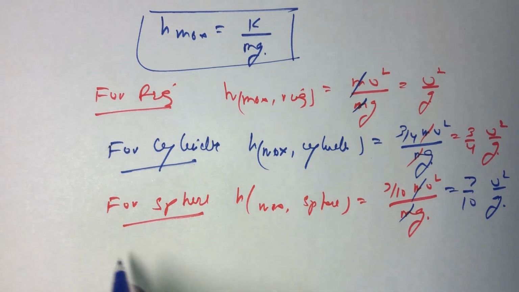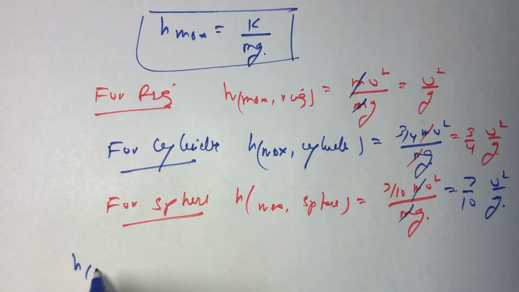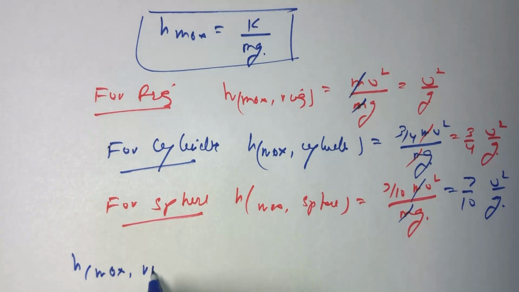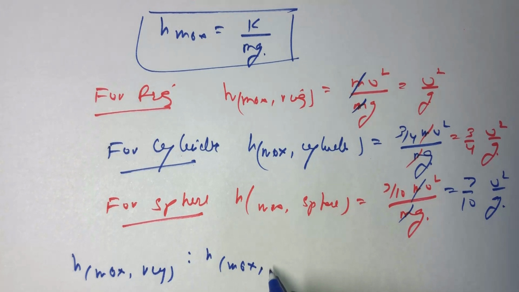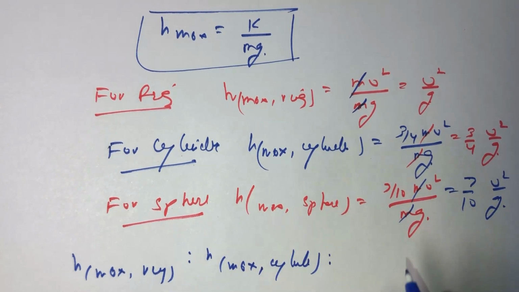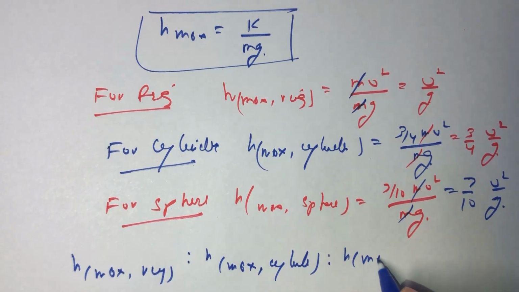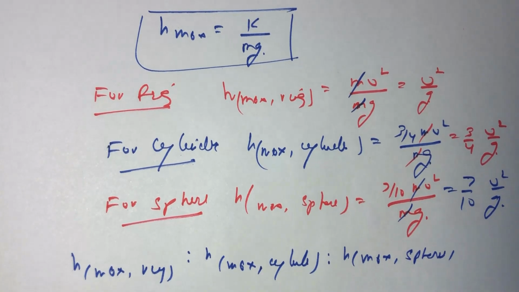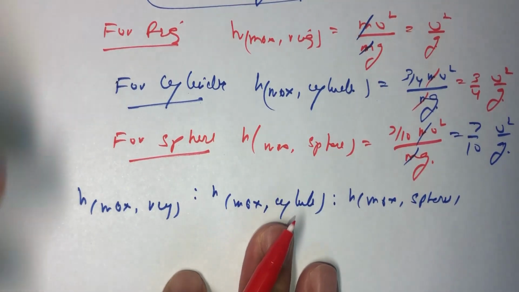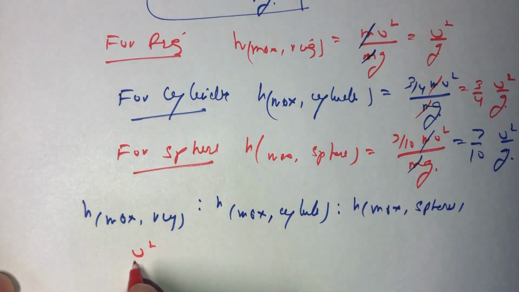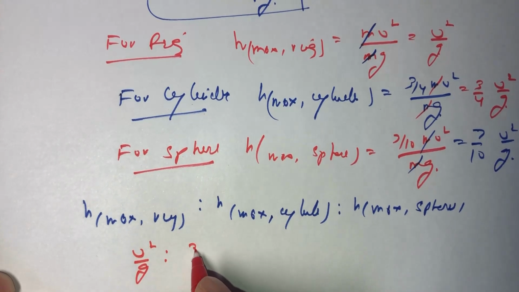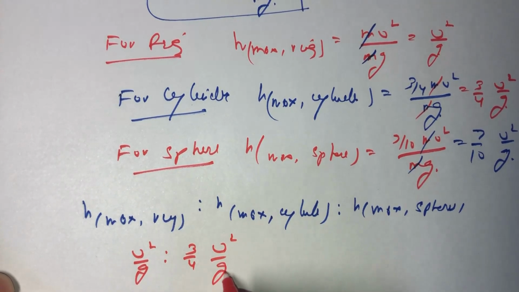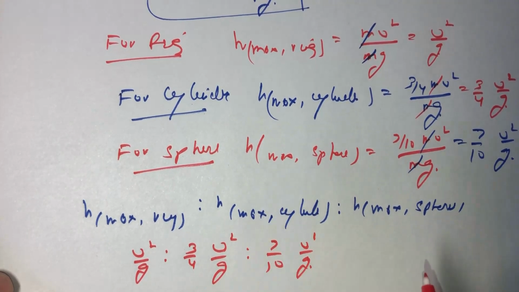Therefore we can write the ratio of h max for the ring to h max for cylinder to h max for sphere. So this will be v square by g is to 3 by 4 v square by g is to 7 by 10 v square by g.